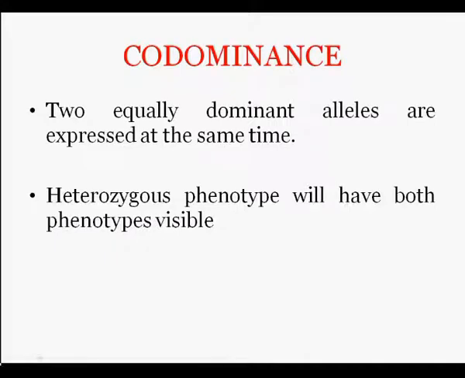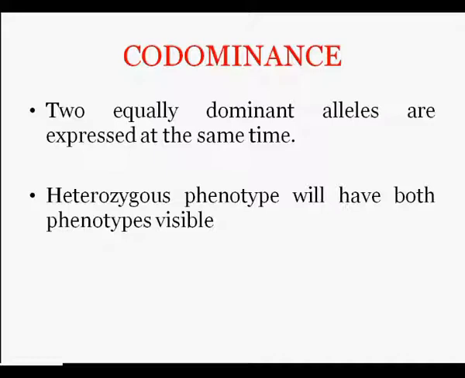Now, there is another aspect called codominance. In the previous case, incomplete dominance, we have the intermediate effect, which is the pink one. Now, there is a different concept called codominance. In the cross we have two alleles, one dominant and the other recessive.